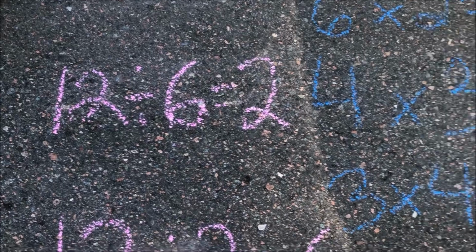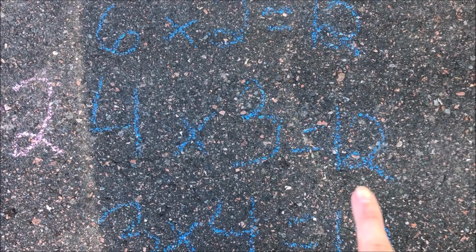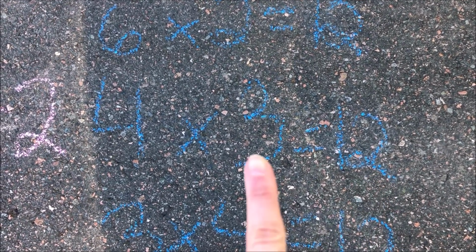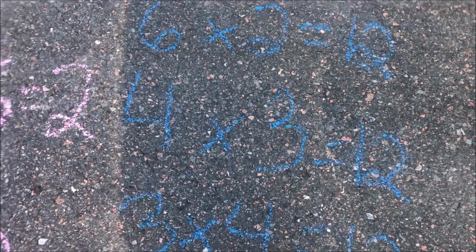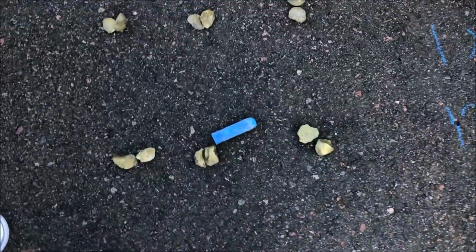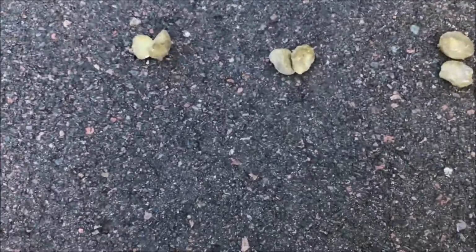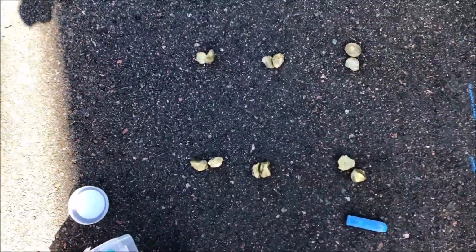Now this would help us if we looked at the rest of them. Let's say we picked 4 times 3 equals 12. So now, if I have my 12 rocks and I want to put them into 3 groups, I know that there's going to be 4 in each group. Let's test it first though. So I want to make 3 groups first.